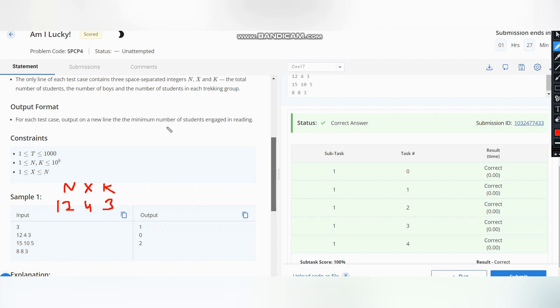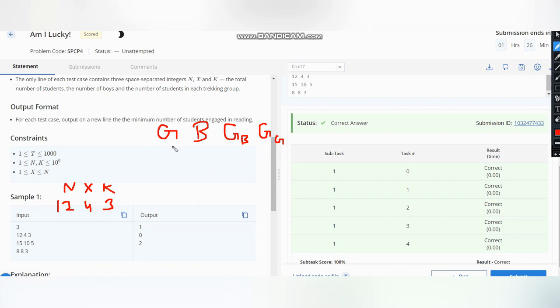So here I will make another column, girl, boy, and then group of girls and group of boys. So here we start.